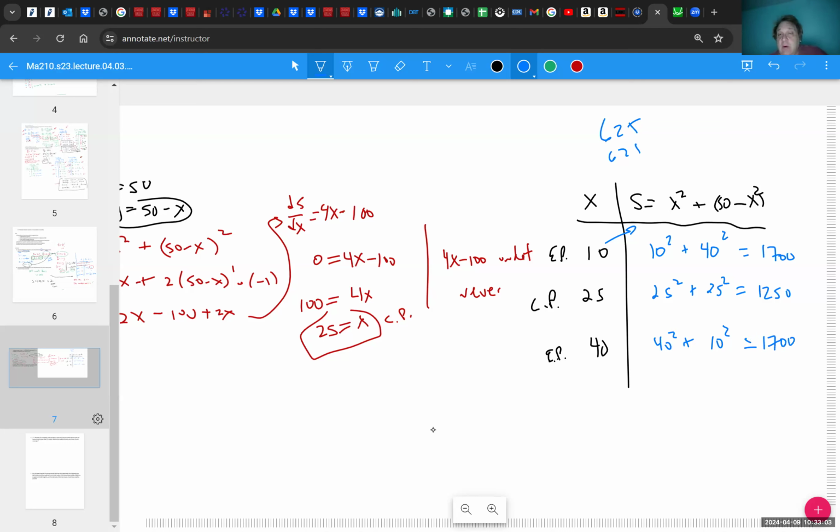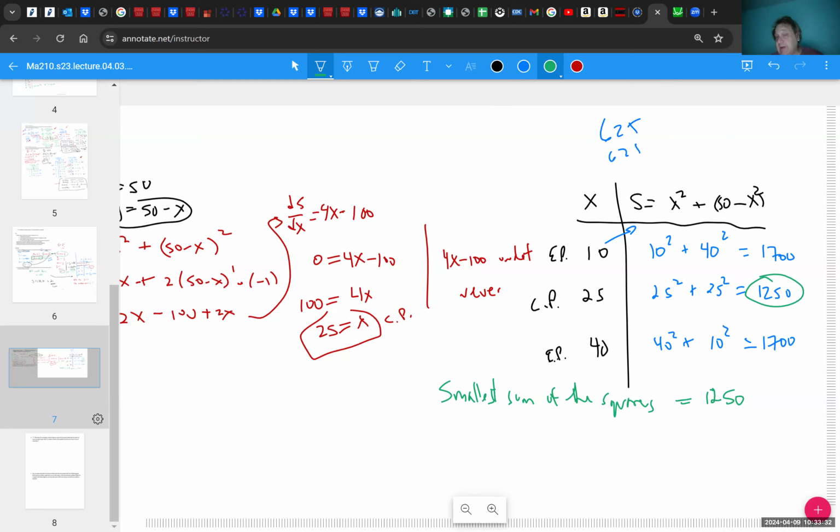And we're looking for the absolute minimum. So the minimum has to occur either at an endpoint or a critical point. We have all the endpoints and critical points written out, so which is the smallest one? There it is. So we know that the smallest sum of the squares is equal to 1250.